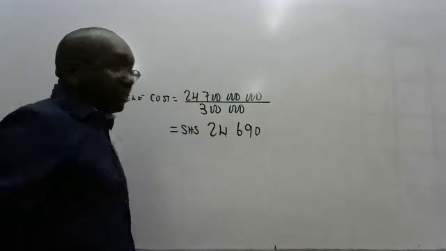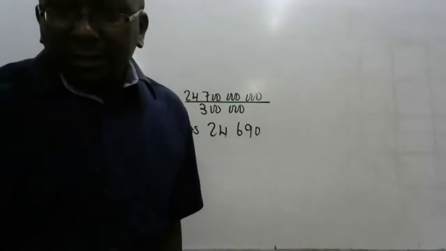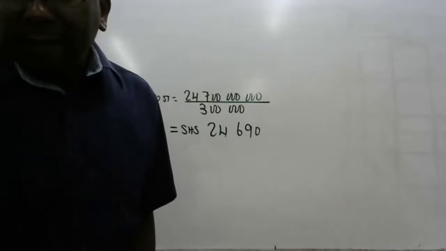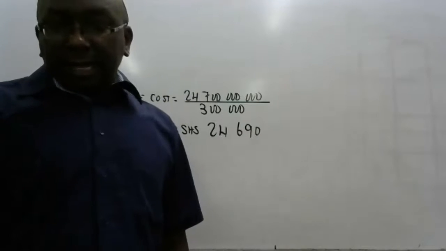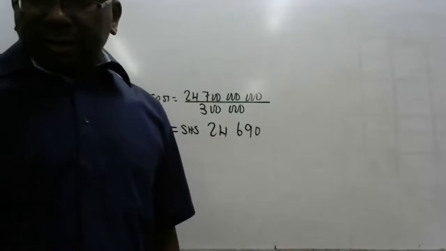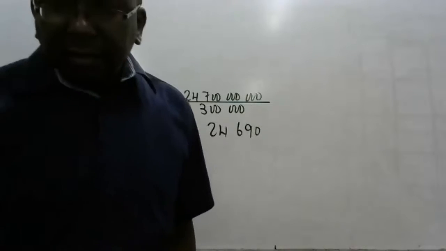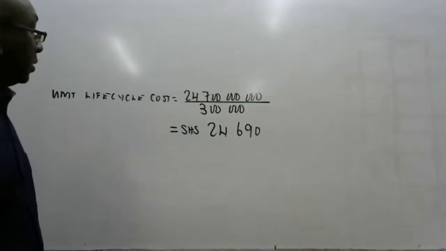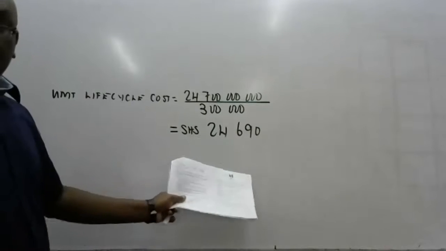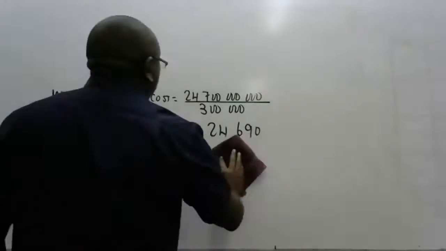Was this the total cost? Ibrahim and Emmanuel, you seem to have different figures. 24,690. Oh, this is the total. Oh, okay.